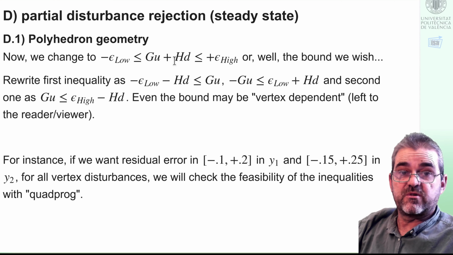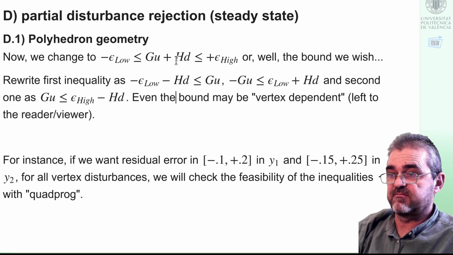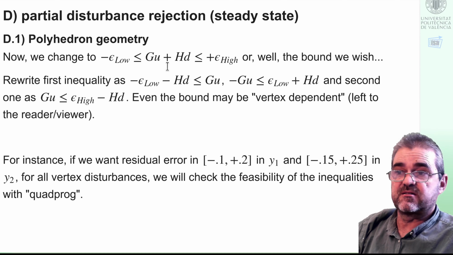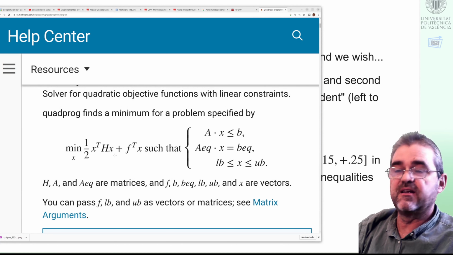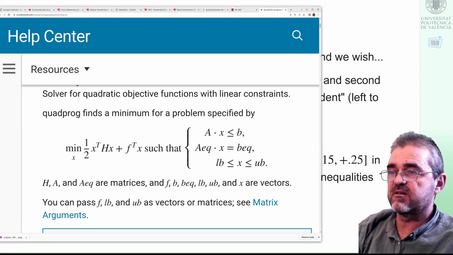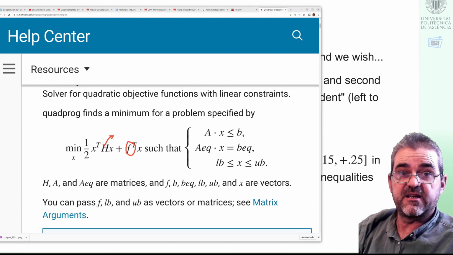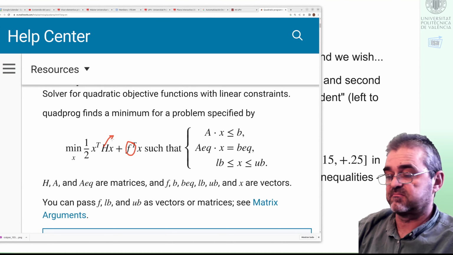Then we'll use quadprog to check that feasibility, but as quadprog is an optimization code, we need to optimize something. What can we optimize? Well, quadprog optimizes any linear plus quadratic thing, so we may set this to 0 and this to any invertible matrix, because the only thing we wish to discuss is feasibility.